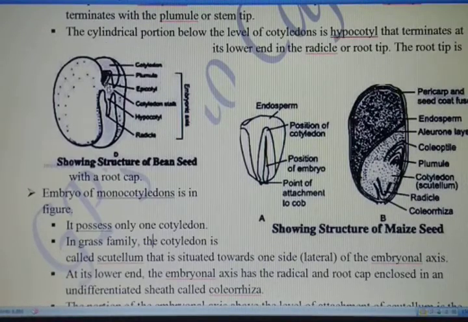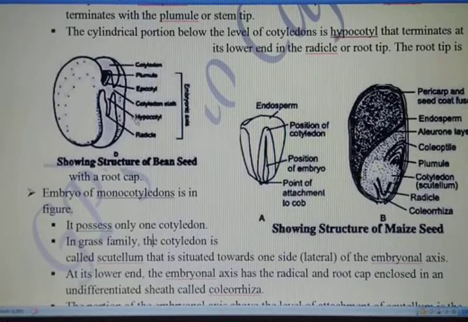And in some seeds, you will find that the epicotyl elongates faster than the hypocotyl. So in that case, what happens? The seed remains inside the soil. Both the cotyledons remain inside the soil. Only the shoot part is going to emerge out of the ground, that is, above the embryo.